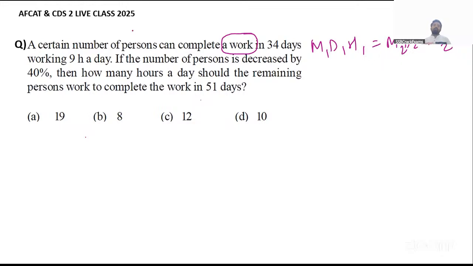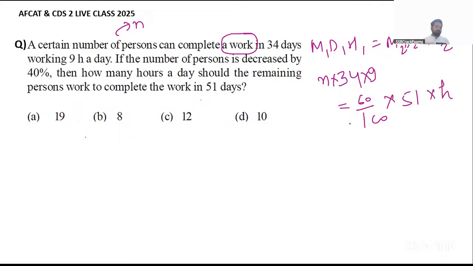In the first case it gives a certain number of persons, so we do not know the number. Say N is the number of persons and they complete it in 34 days, working 9 hours a day. This is equal to M2 D2 H2. Since it has been decreased by 40%, initially it was 100%, now it is only 60%, so 60 upon 100. Days are 51 and hours we do not know, so say hours is x. 60% of N. I was making a mistake here.